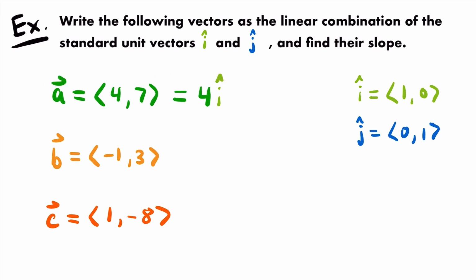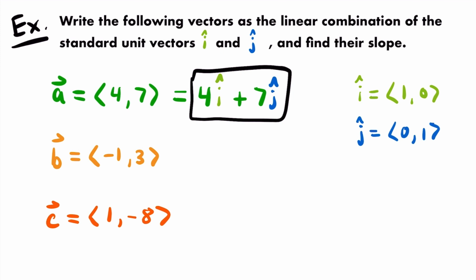The hat indicates that it is a unit vector. It has a magnitude of 1. That describes the x direction of our vector, but now we want to add that to the y component of 7, so we'll have 7 times the standard unit vector in the y direction, j. And this right here is another way to represent vector A, but as a linear combination of the standard unit vectors i and j.